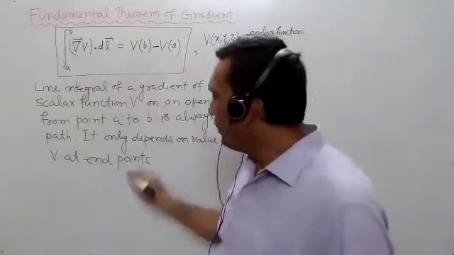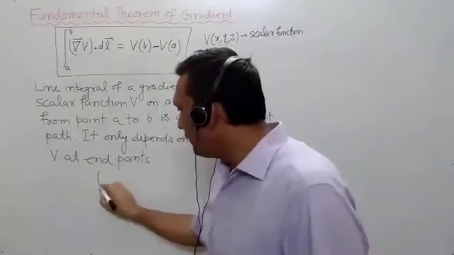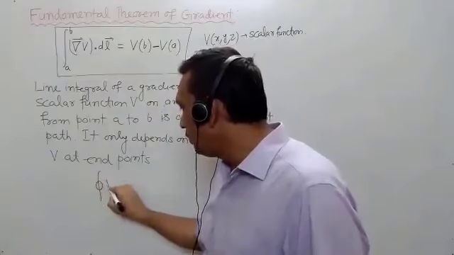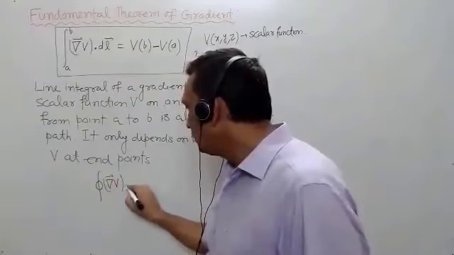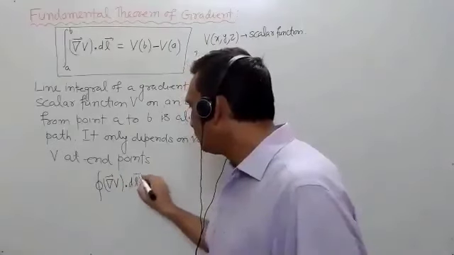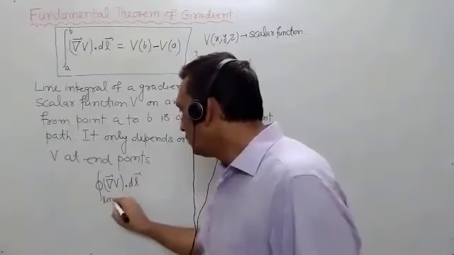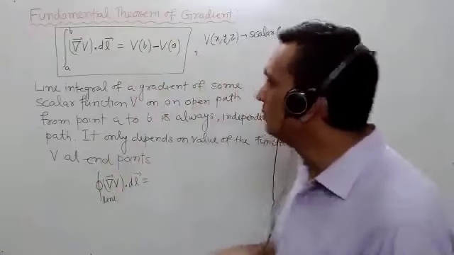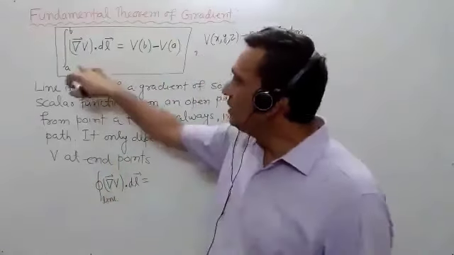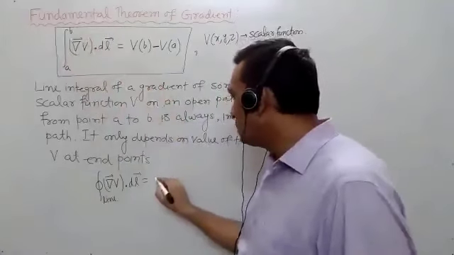So this is for an open path. What will happen when the path is closed? What will be the closed line integral of gradient v dot dl according to the gradient theorem? It is zero, because a and b will coincide. So that is always 0.